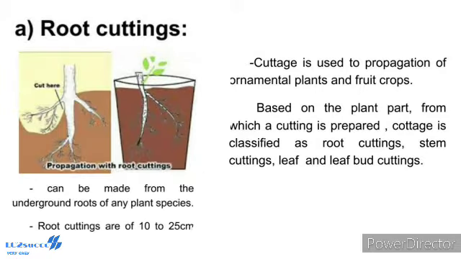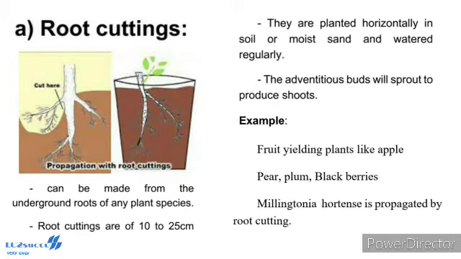First of all, root cutting. Raising a new plant from root cutting is a method of vegetative propagation. It is propagation by cuttage. Root cuttings can be made from the underground roots of any plant species. Root cuttings are 10 to 25 centimeters long.